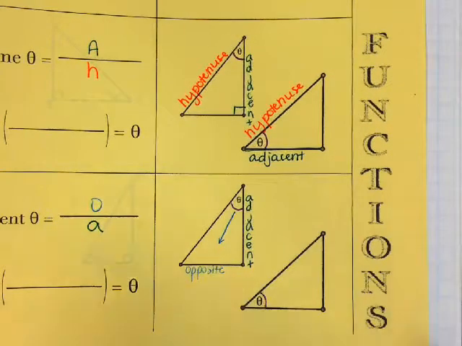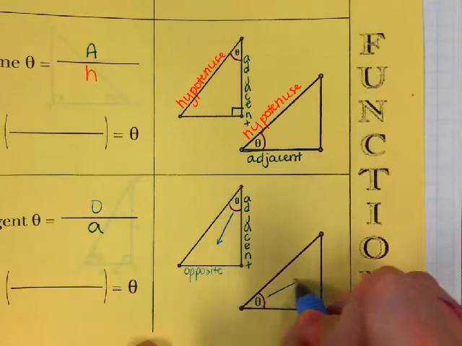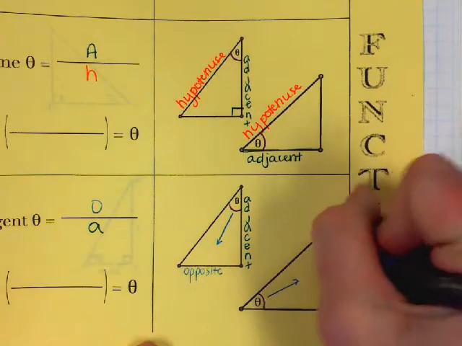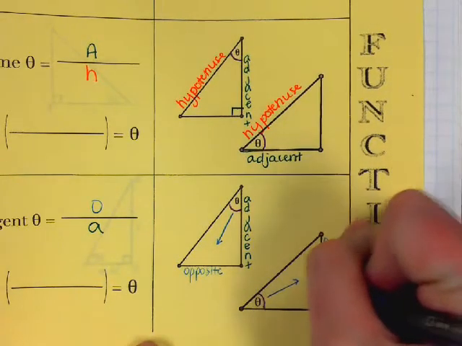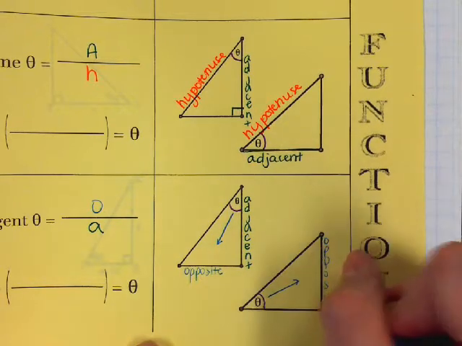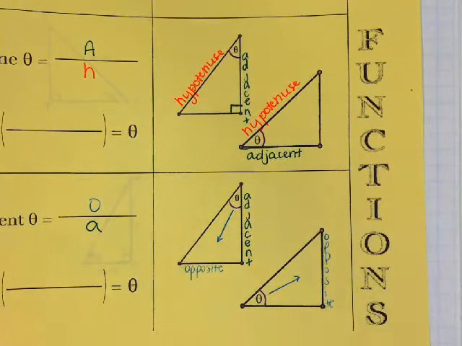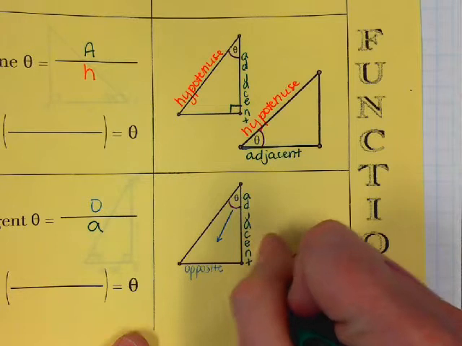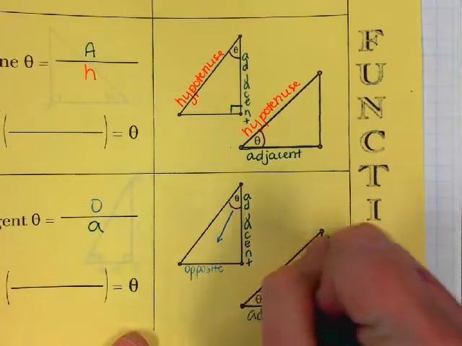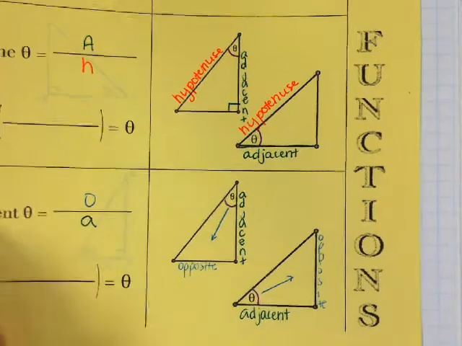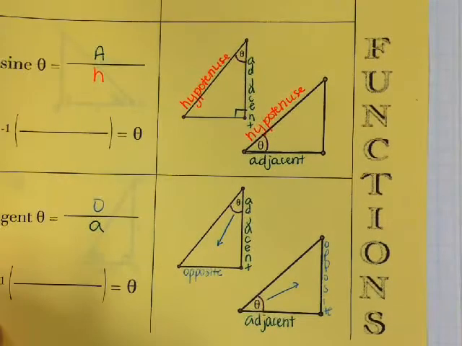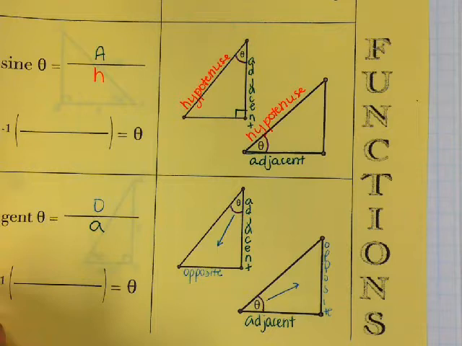We haven't really talked about why you set them up that way. Again I'm still writing out, so this is still the opposite, and then this one would be adjacent. The reason we do this is to help us find missing angles and missing sides.